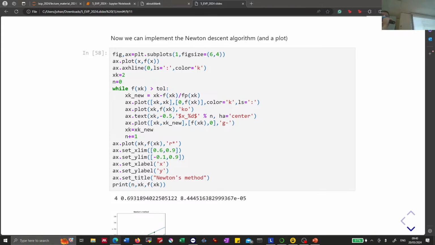So the root of a function is its crossing with the x-axis. The root of several functions is where they cross each other, right? Where they have a common value or where they have a solution. The root of x squared is x equals 0, because the function value at x equals 0 is 0.